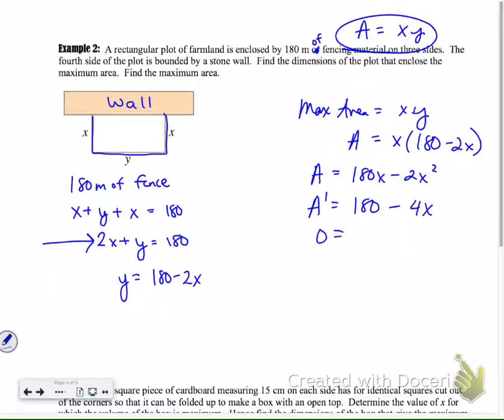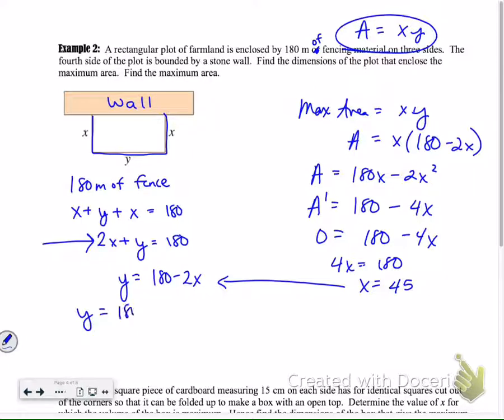So set that equal to 0. I get 4x is equal to 180. x is equal to 45. Now, the question says, find the dimensions of the plot, find the maximum area. So the dimensions of the plot, well, I can plug this x in here to find y.